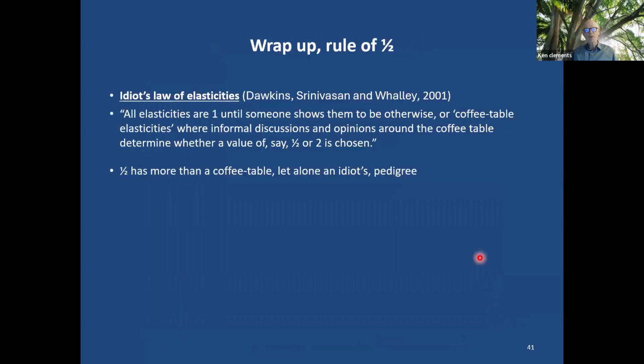So to wrap up on the rule of a half, Dawkins, Srinivasan, and Whalley coined this phrase, the idiot's law of elasticities, according to which all elasticities are 1 until someone shows them to be otherwise, or coffee table elasticities, where informal discussions and opinions around the coffee table determine a value of, say, a half or 2 is chosen.